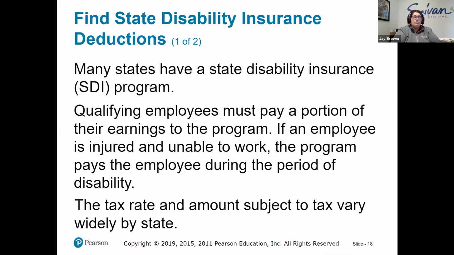Just like we don't have a choice when it comes to school tax, you must pay it, period, end of discussion. Doesn't matter how salty it makes you, you have to pay it. Qualifying employees must pay a portion of their earnings to the program. If an employee is injured and unable to work, the program pays the employee during the period of disability. The tax rate and amount subject to tax vary widely state by state.